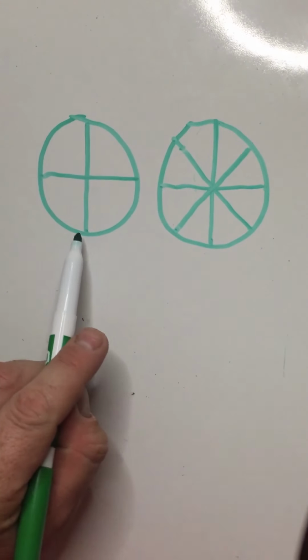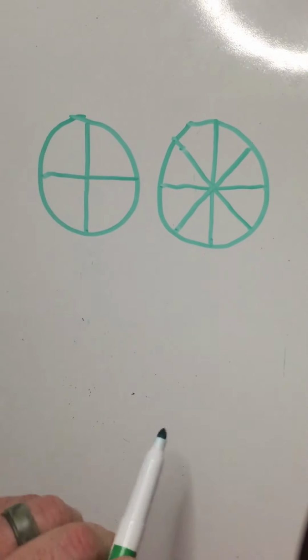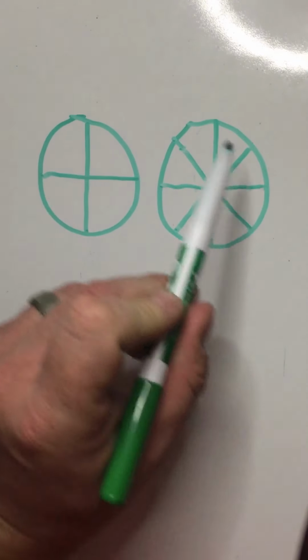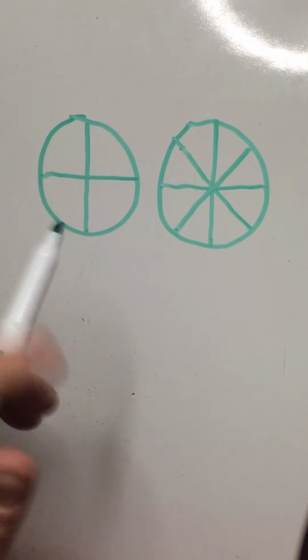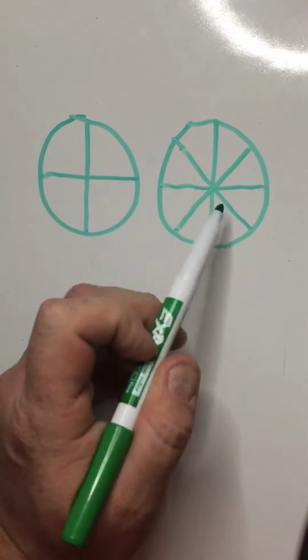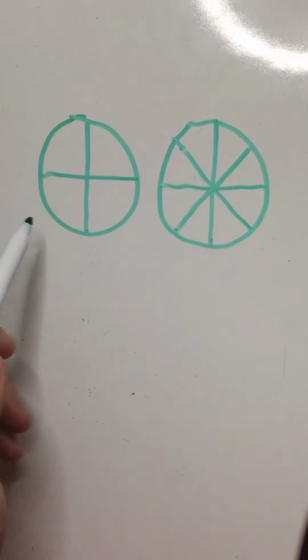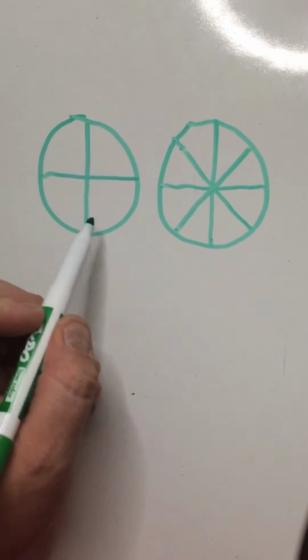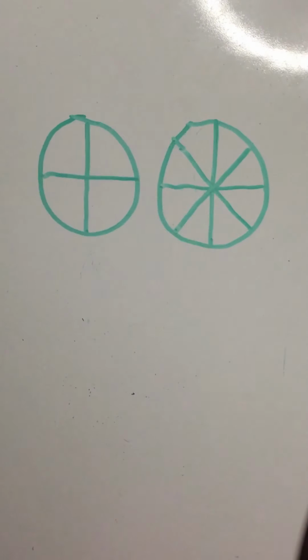If I have a pizza here that is cut into fourths, and I have a pizza here that's cut into eighths, it does not mean that I have more pizza here or more pizza here. The pizza is the same. It just means the pizza slices are larger here than they are here. Okay?